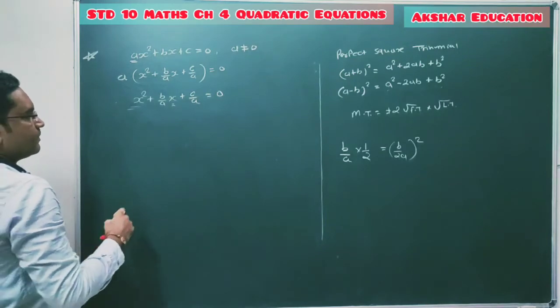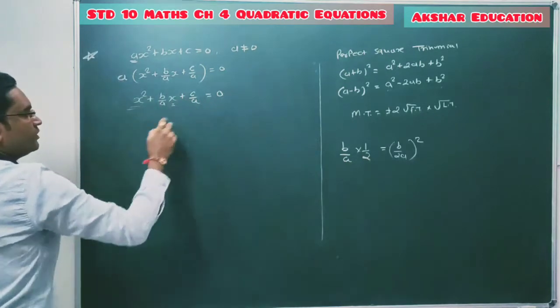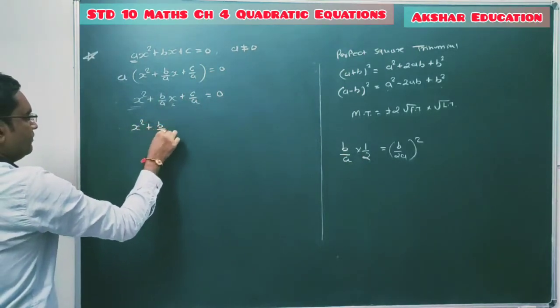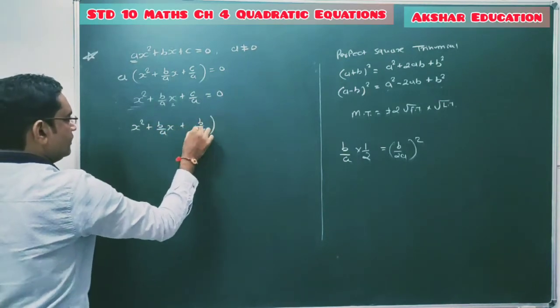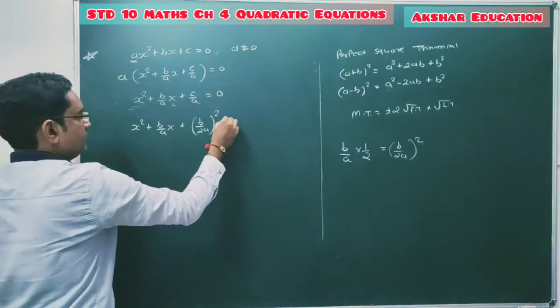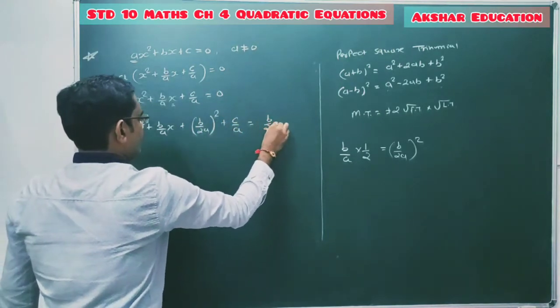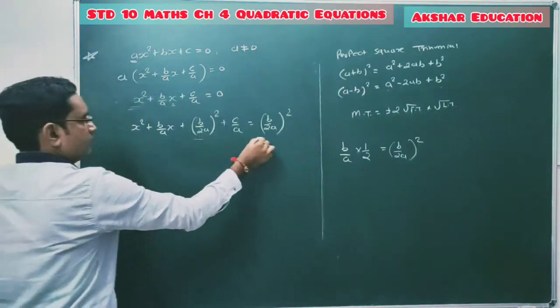Now you have to add this term on both sides of the equation. So it's x square plus b by a x plus b upon 2a whole square plus c by a equal to b upon 2a whole square, adding this term on both sides.